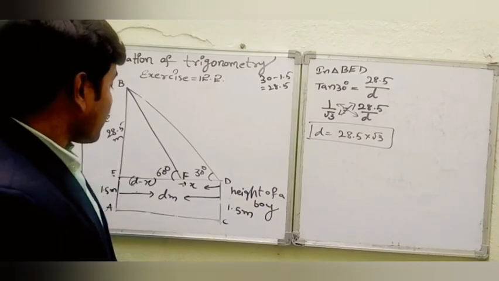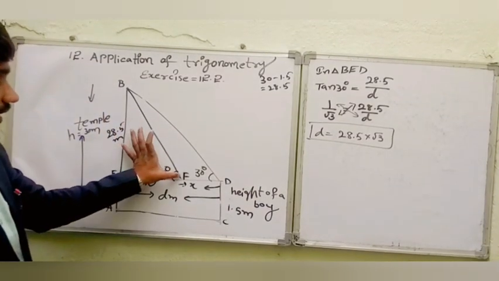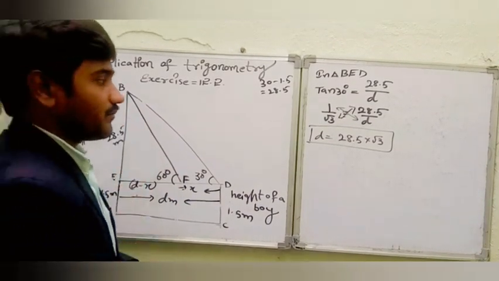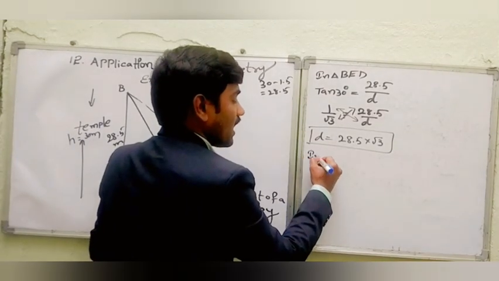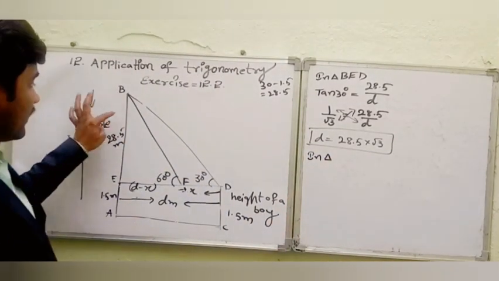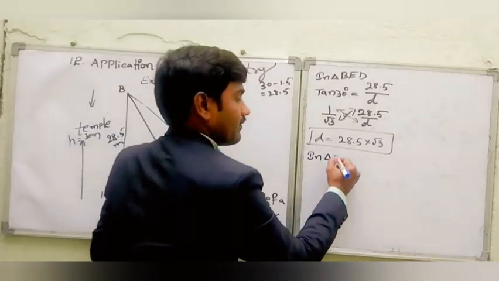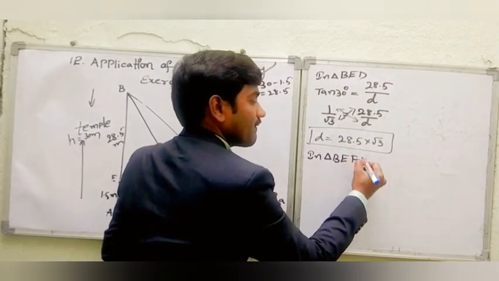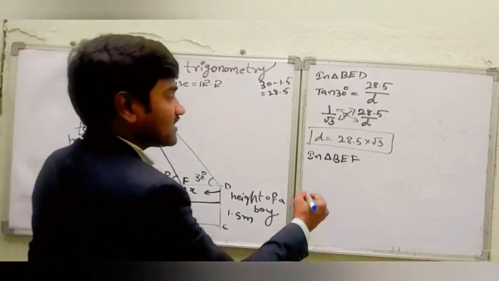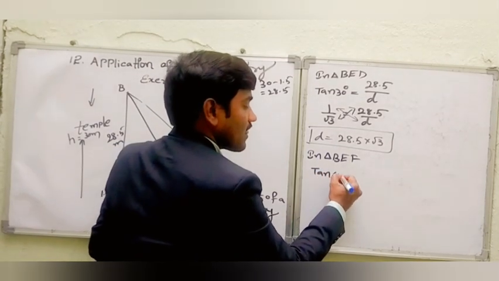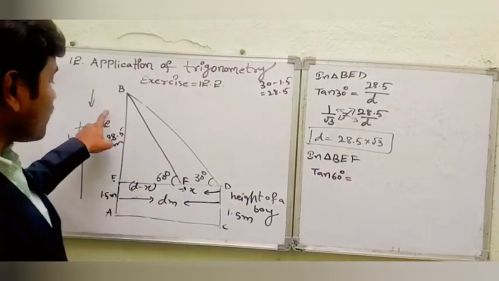Let us see now. Again we go for tan 60 degrees. Now in triangle BEF, let us take tan 60 equal to opposite by adjacent.